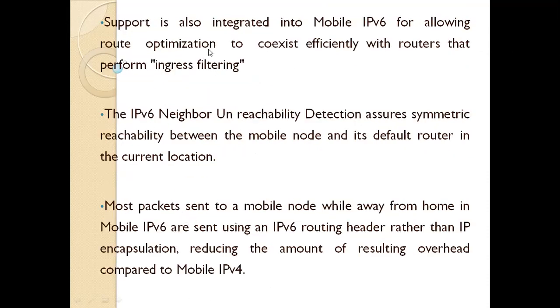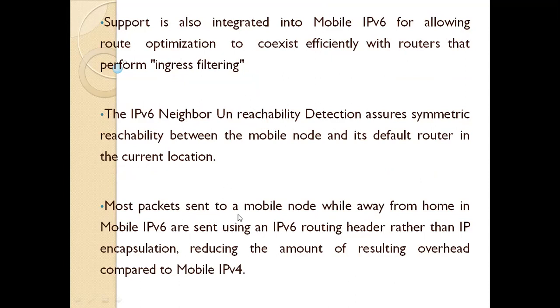Support is also integrated into mobile IPv6 for allowing route optimization to coexist efficiently with routers that perform ingress filtering. The IPv6 neighbor unreachability detection ensures symmetric reachability between the mobile node and its default router in the current location.